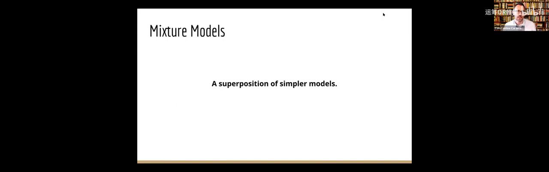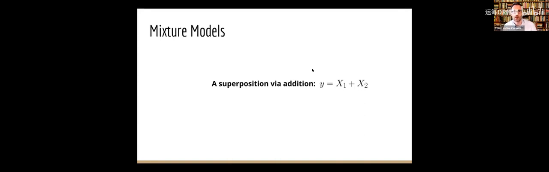And this idea has taken many different forms. This idea of superposition is another way to think about combining simpler models, and there's been lots of work that has considered these directions.